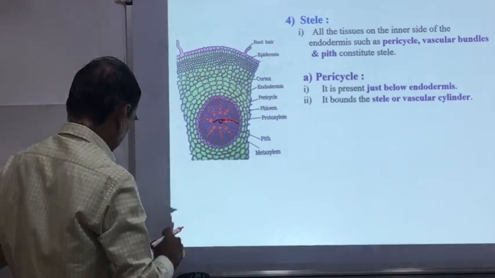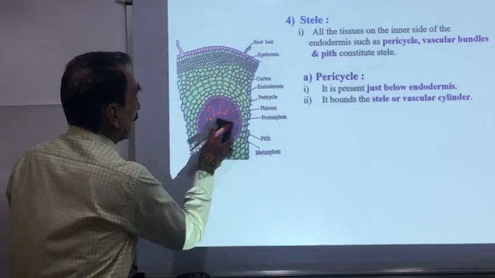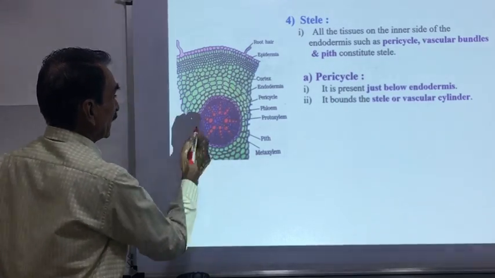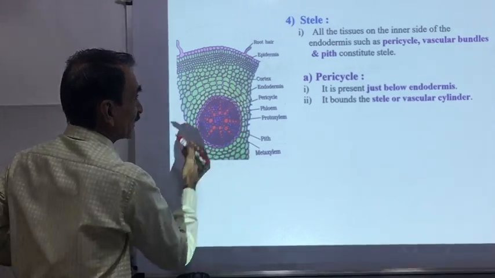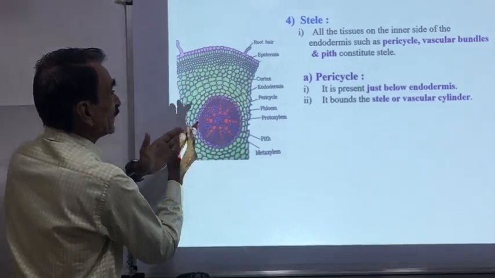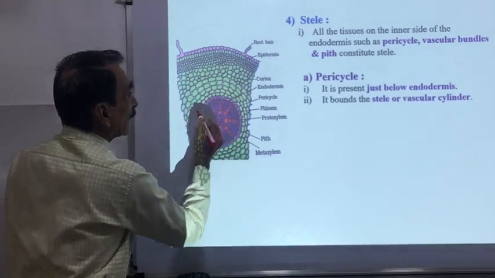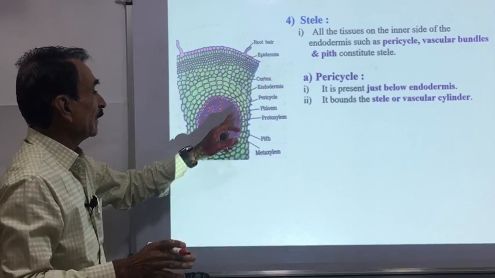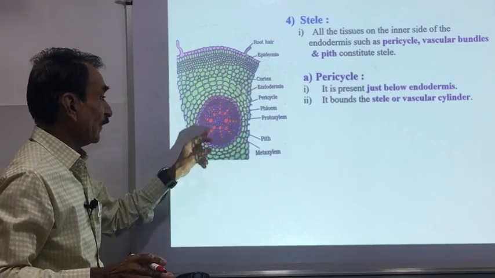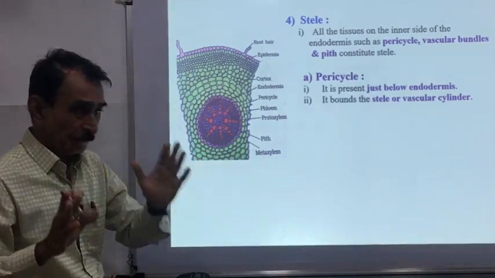Then the stele. Here you can see that endodermis is followed by the stele, or endodermis encloses the stele. All the tissues which are present inside the endodermis are called the stele. Stele includes pericycle, vascular bundles, and pith.